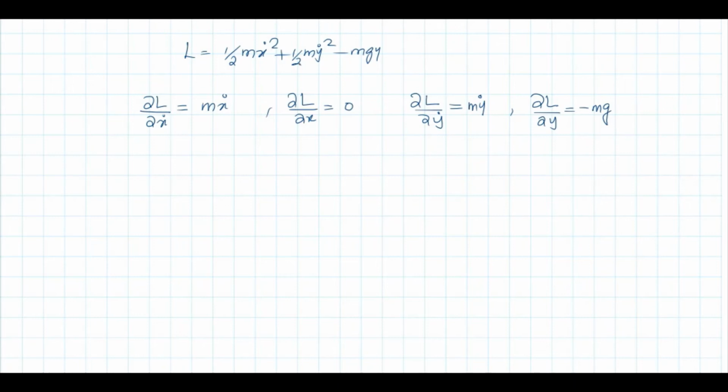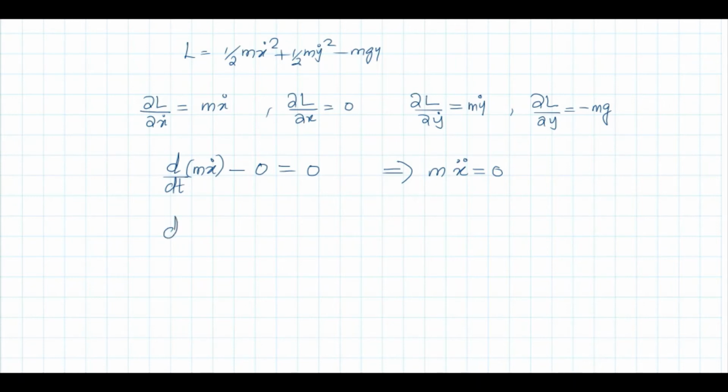Okay. Now the first equation of motion becomes d by dt of mx dot minus 0 equal to 0. That is m x double dot is equal to 0.